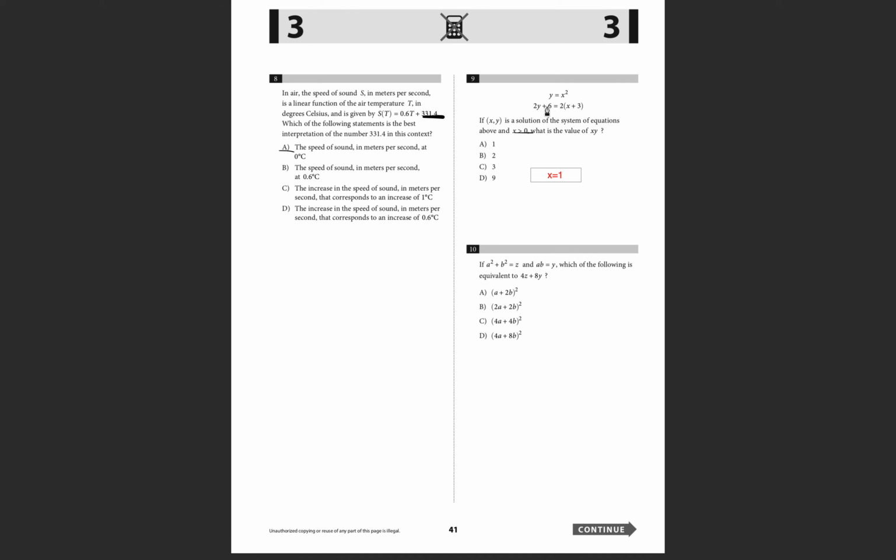Number 10. So which one is equivalent to this?